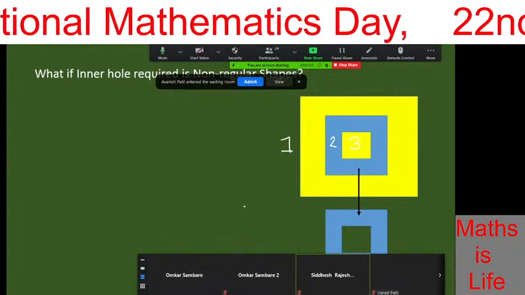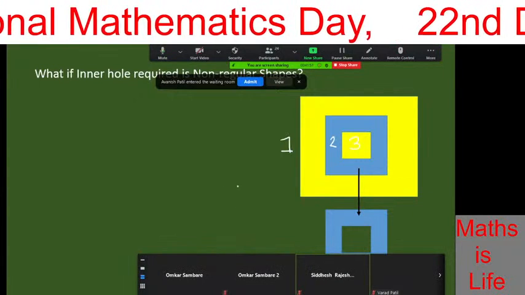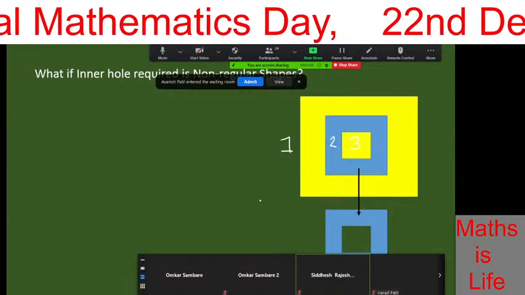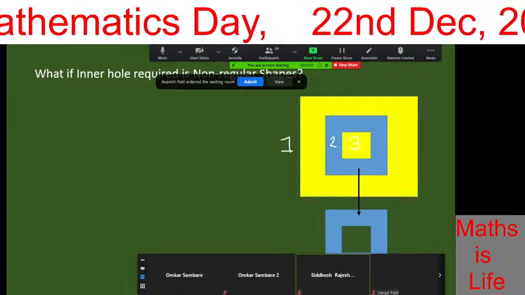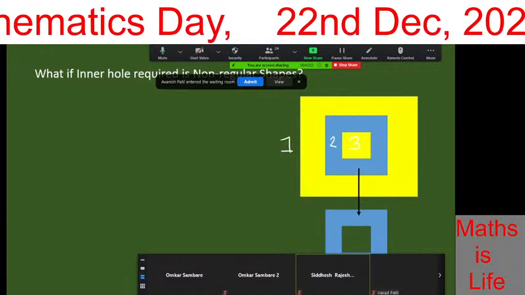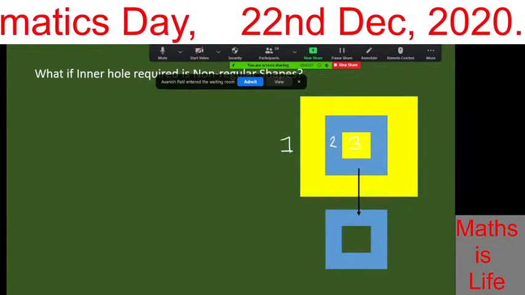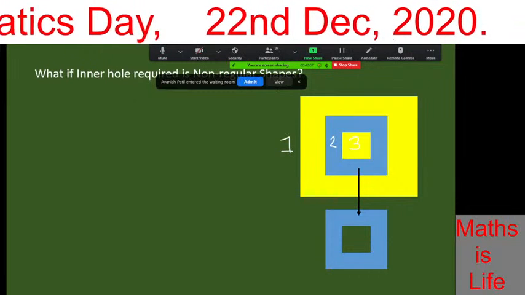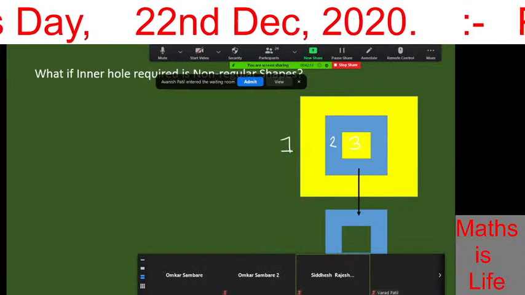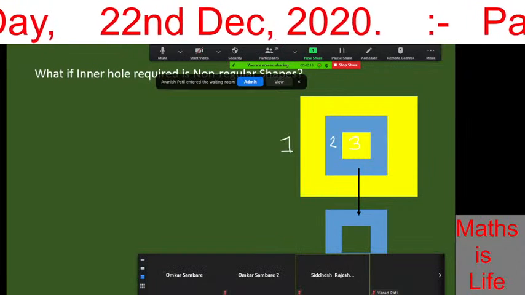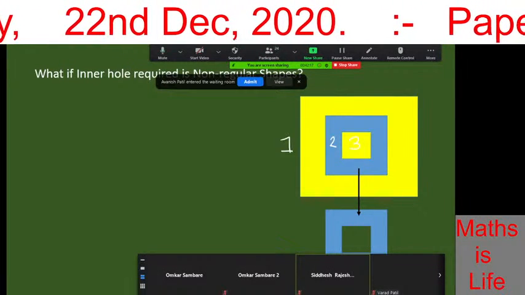Take 1 minute for this. I will stop sharing the screen after this, and will show on camera how to cut this shape. Think on this, how we can get such a line.